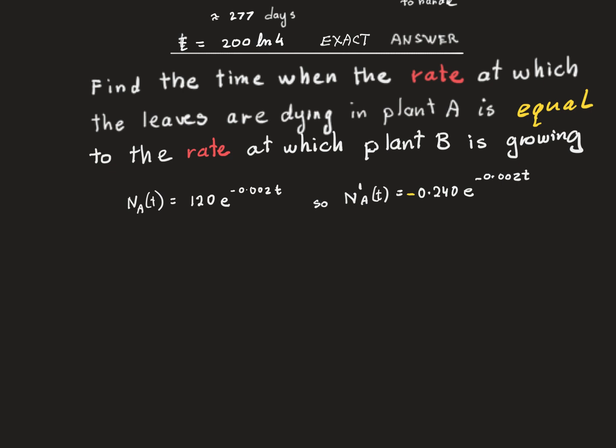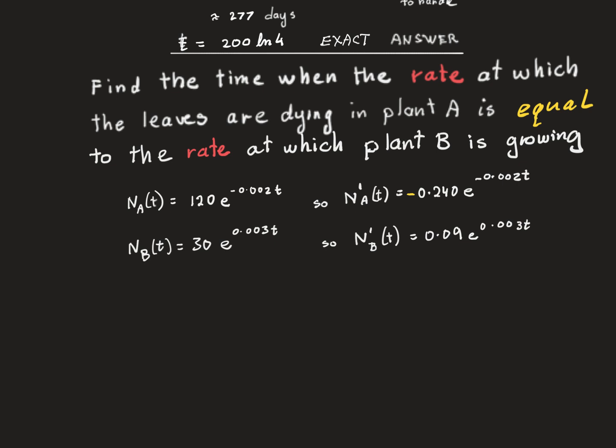Plant A, when differentiated, will become minus 0.24 e to the minus 0.002t. And plant B will become 0.09 e to the 0.003t.